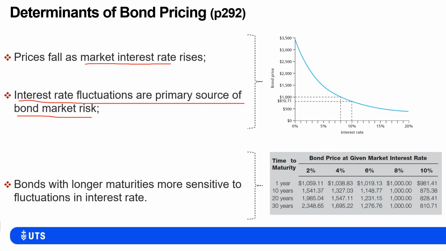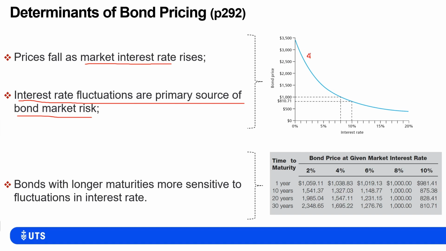As a result, bond prices tend to fall when the market interest rate rises. So this is an inverse relationship between the price and the market interest rate, which can be depicted by this figure over here.